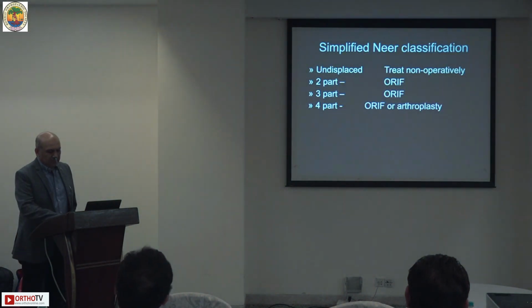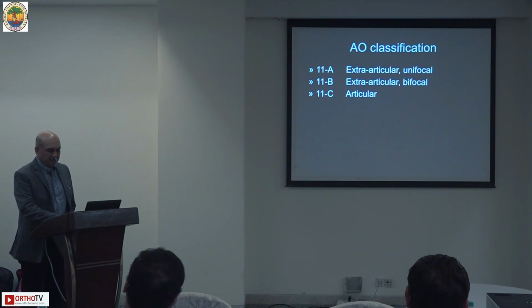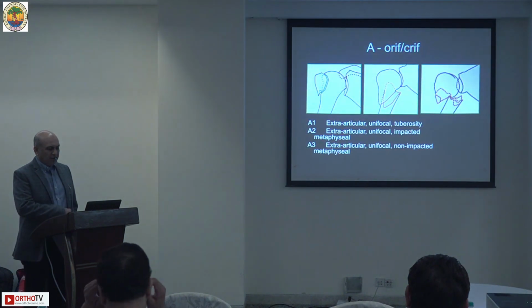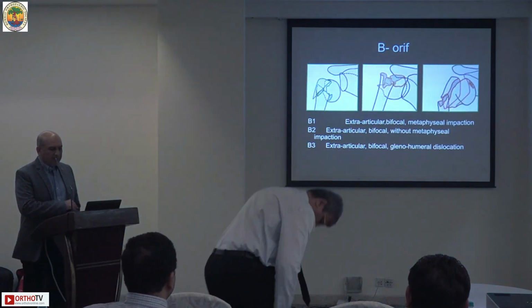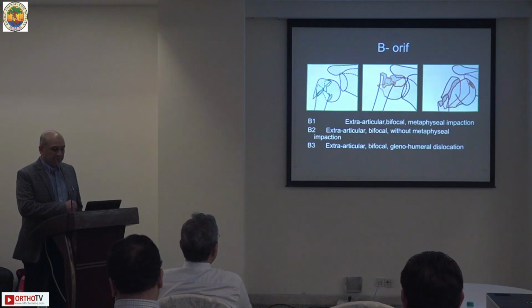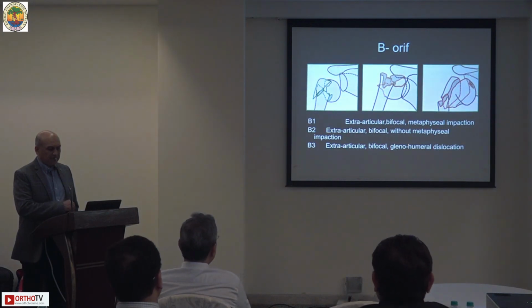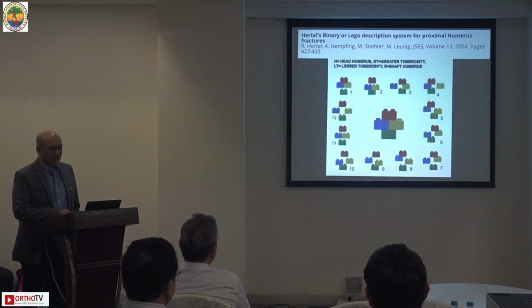Similarly, there is the AO classification, where it is important to know A, B, and C type fractures. A type fractures are extra-articular or unifocal fractures, which are amenable to open or closed reduction. B type fractures are a little bit more complex, more like 3-part in Neer's classification, where the fractures can be bifocal or trifocal. And C type fractures are complex type fractures.